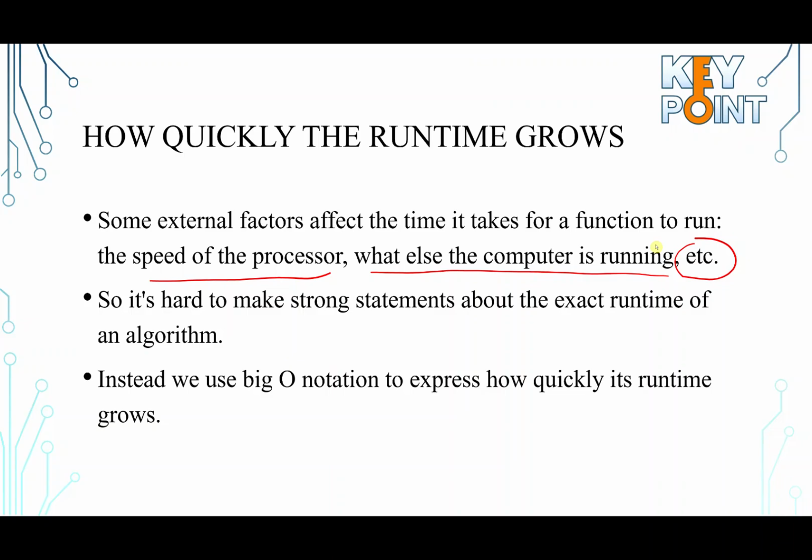This is different, even though I'm using the same machine. So instead of trying to make a strong statement, we use big O notation to express how quickly its runtime grows. Big O notation is a satisfactory notation that gives me a rough idea of what I expect from my algorithm.